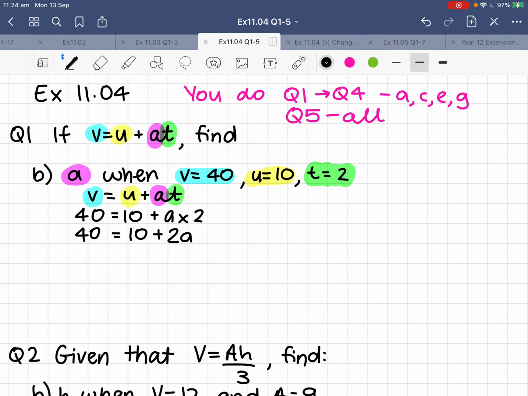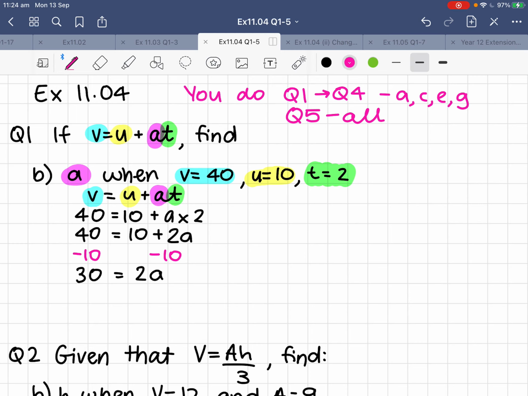Now, all we want to do is solve this equation for A. So what we need to do is we want A by itself. So I'm going to get rid of the 10 by minusing it from both sides of our equation. Now, the reason why we minus the 10 from both sides of the equation is because right now it's positive and we want to eliminate the 10 by going 10 minus 10 to get a 0. So when we do that, we get 30 equals 2A.